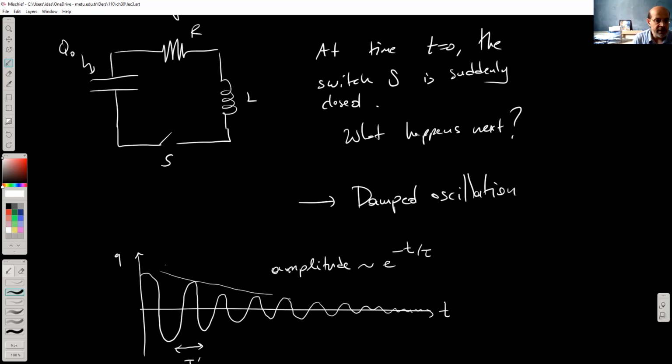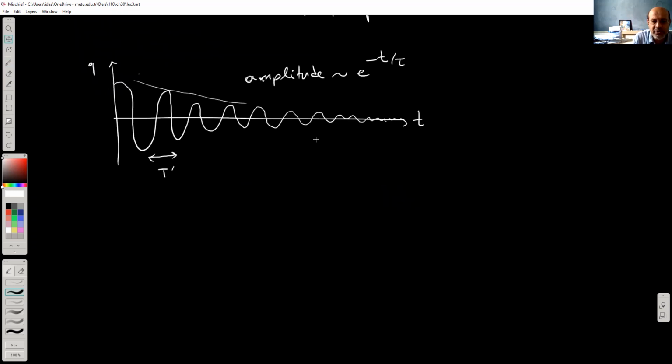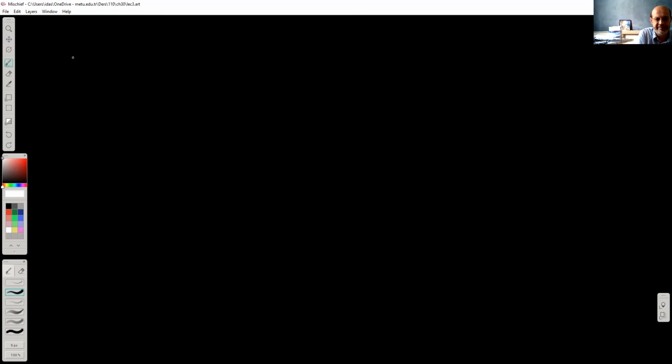So we are not done with these kind of circuits. So what happens if I put an EMF device in here? I'm not going to go into this either, but I'm going to talk about the AC circuits. That's one of the unfortunate things about this chapter. There are too many things in there, too many topics from different fields.